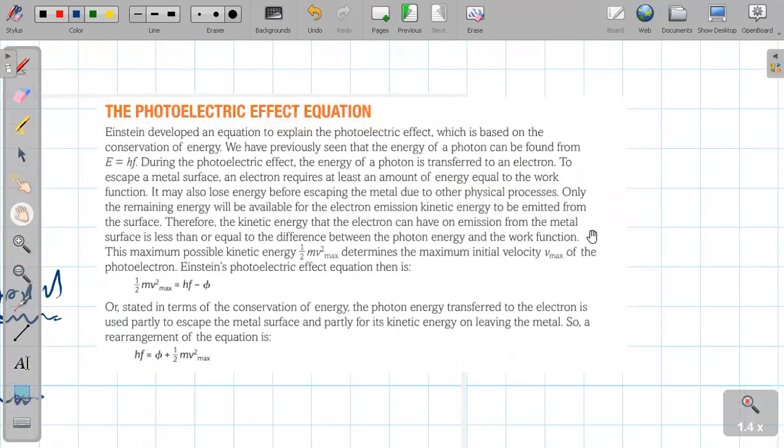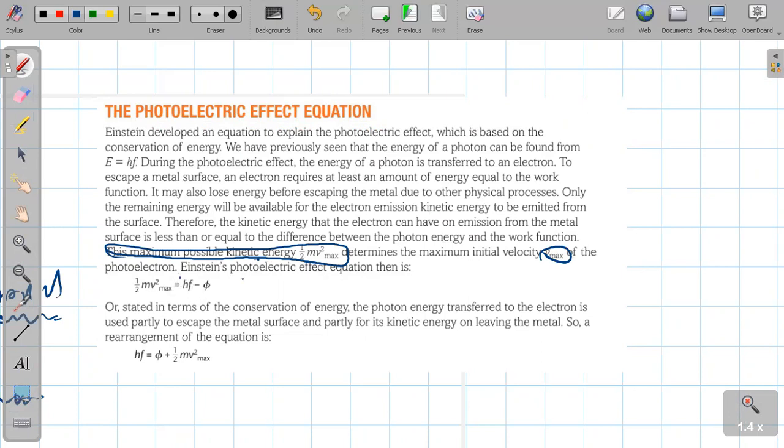Einstein's developed photoelectric equation: K max, the maximum possible kinetic energy, is half m v max squared for an electron. v max is the maximum velocity.